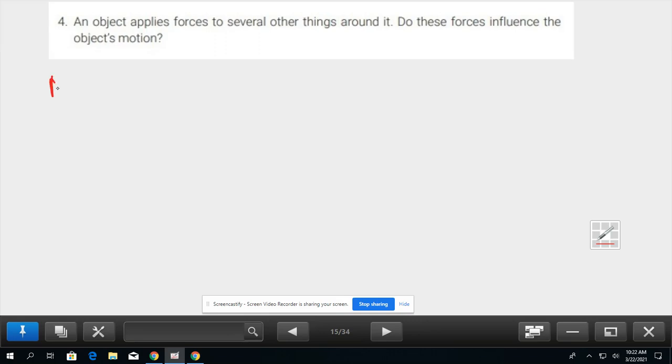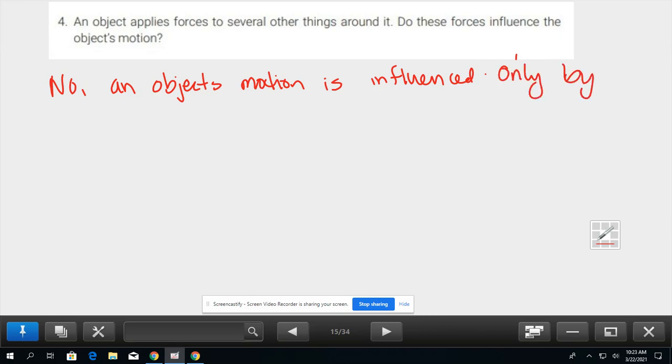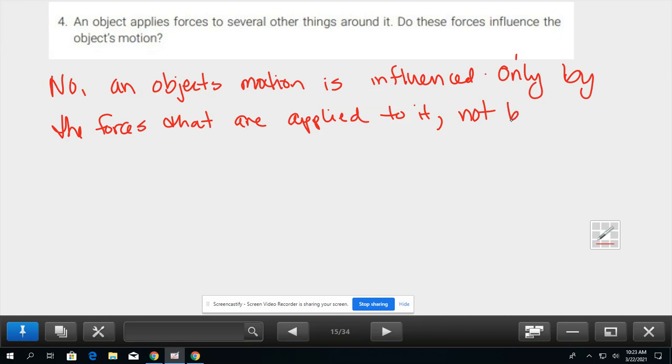So an object's motion is influenced only by the forces that are applied to it, not by the forces it applies to others.